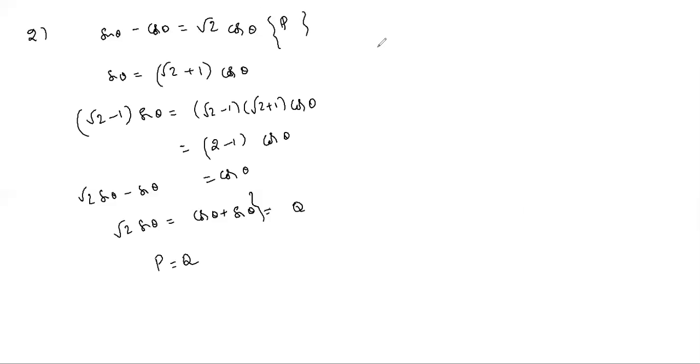Next, the third one, between 0 to 2 pi. 2 sin square theta minus 5 sin theta plus 2 greater than 0. So same, first you find the factors. 2 sin square theta minus 5 sin theta plus 2, how do you get the 5? 1 and 4.